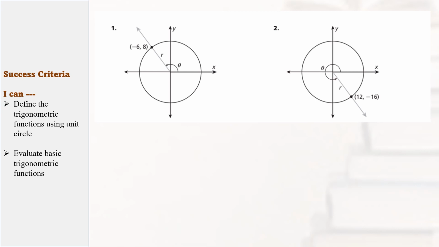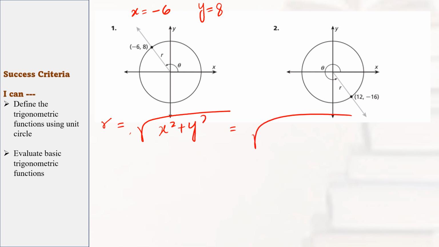(-6, 8). So x is -6 and y is 8. We have to find the value of r, which is square root of x square plus y square. Replace the values. X is -6 whole square, y is 8 and then square. Write it in the calculator.